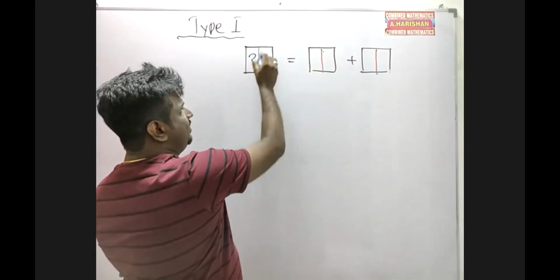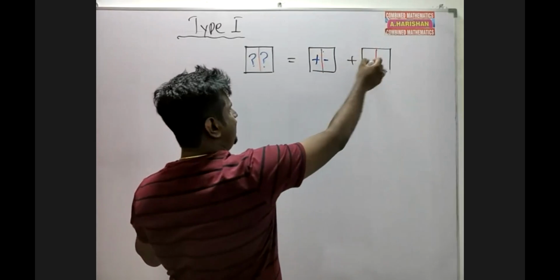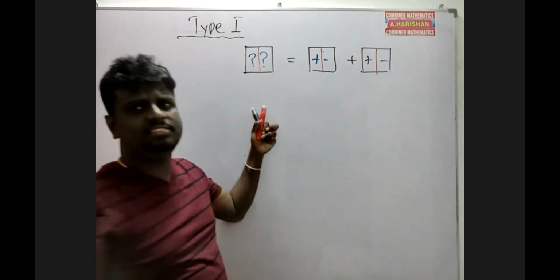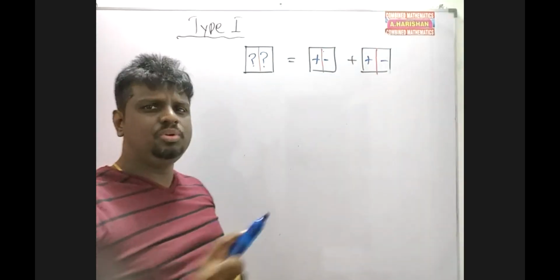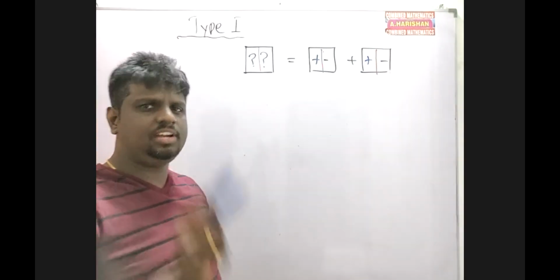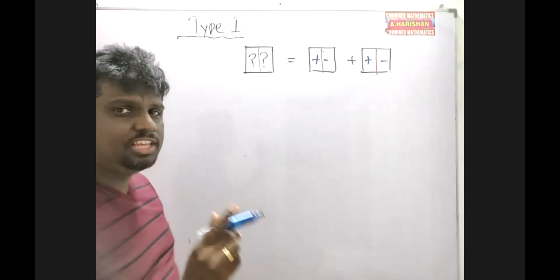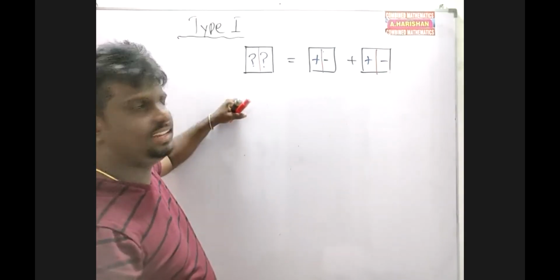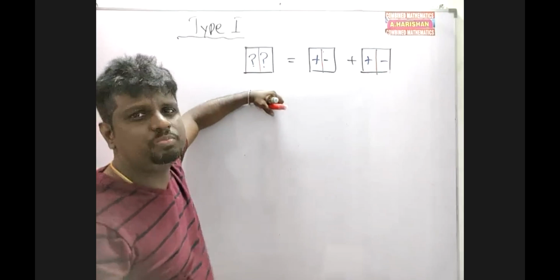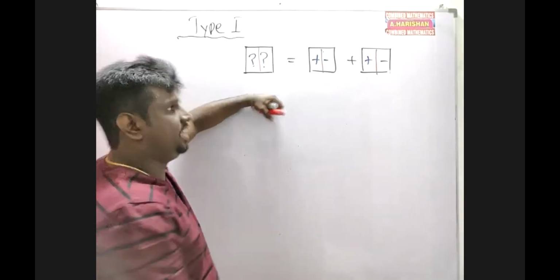Here they give plus minus, and they ask for these two unknowns. Can you see the question marks? There are two question marks. If these two question marks are on one side, we call it type 1, a very basic question.